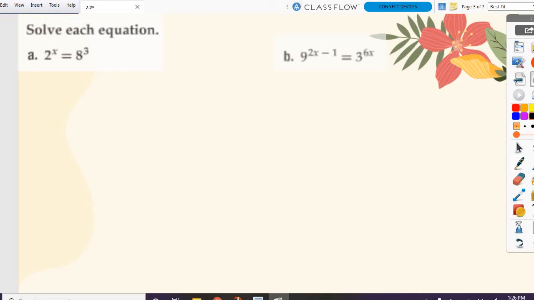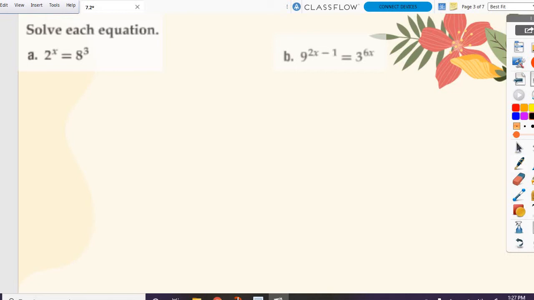In this case, we have 2 to the x equals 8 to the third. Now this is a little bit different than the example that we just saw, because notice that our bases are different. We have a 2 and we have an 8. So we can't just set our exponents equal to each other.